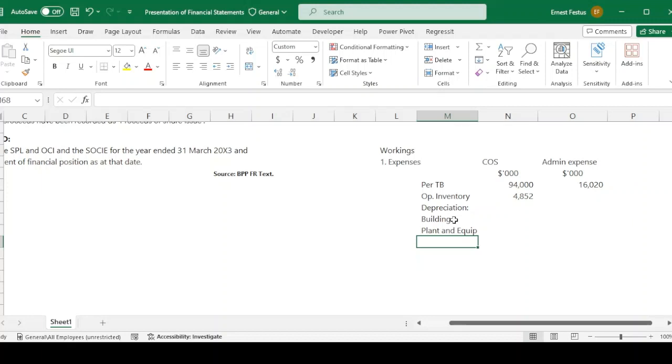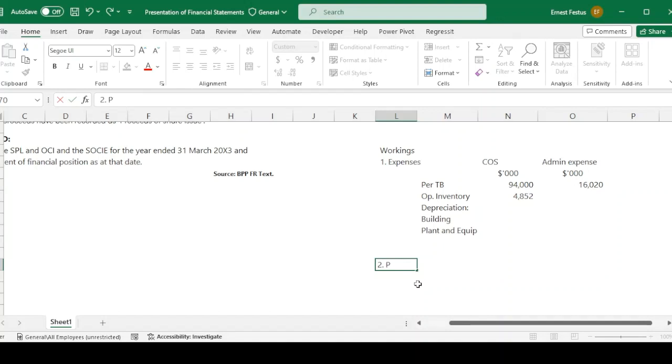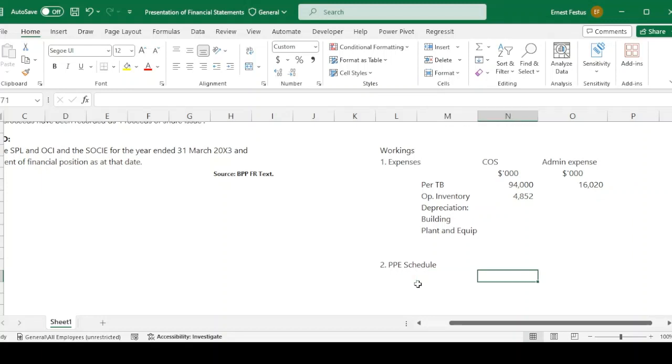Now the depreciation is actually calculated from the PPE schedule, and so I can come here and prepare my PPE schedule as well. So I have my property, plant and equipment schedule, and that one too is prepared in columnar form, taking into account the number of property, plant and equipment or fixed assets, or non-current assets, that we have within our question.